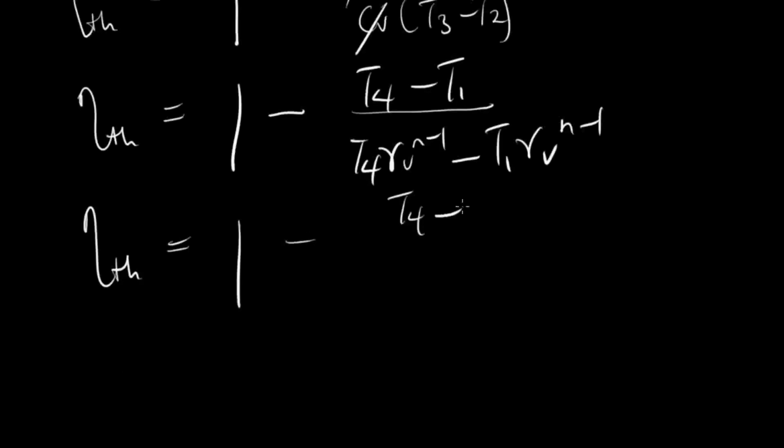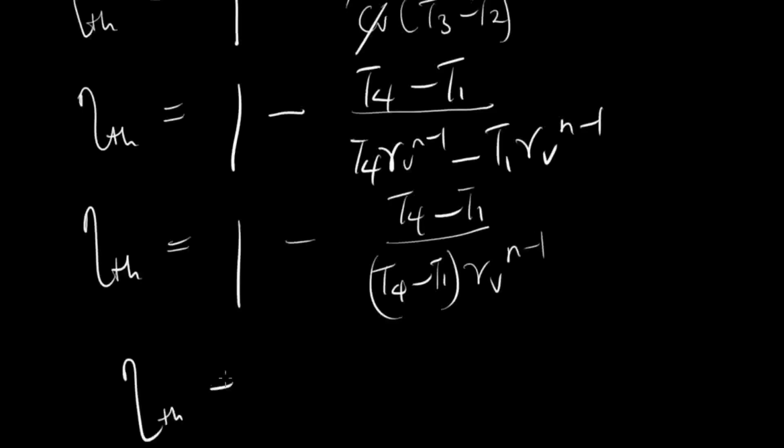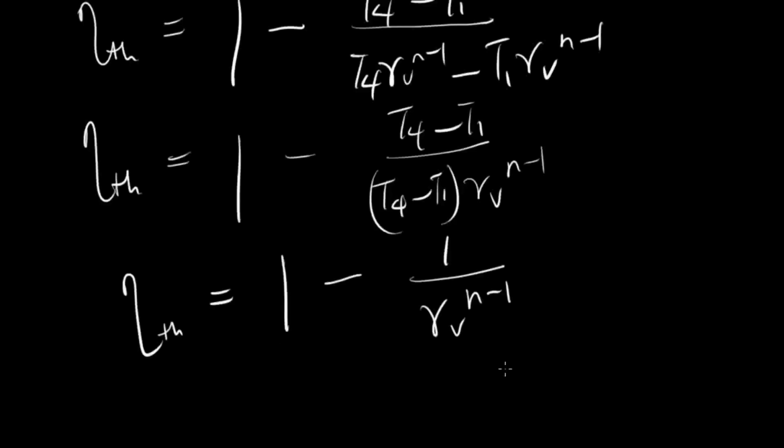Factorizing T4 minus T1 out, we have T4 minus T1 times RV to the n minus 1. So finally, the efficiency of an Otto cycle is given by 1 minus 1 over RV raised to the power n minus 1.